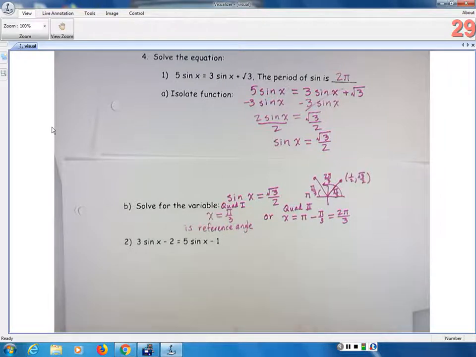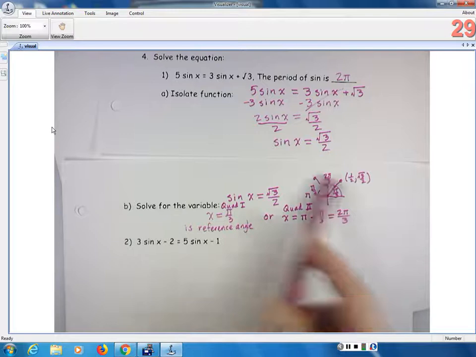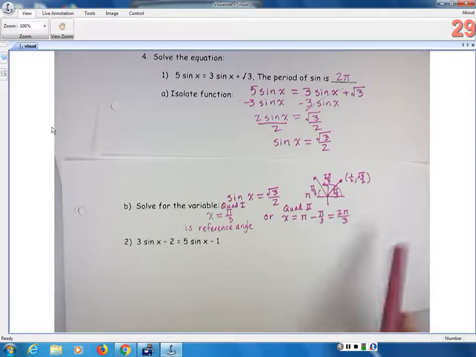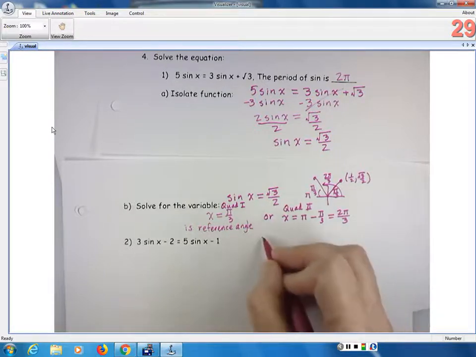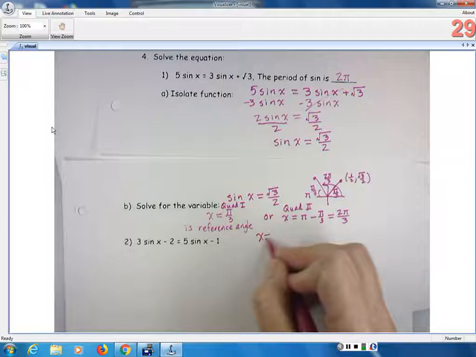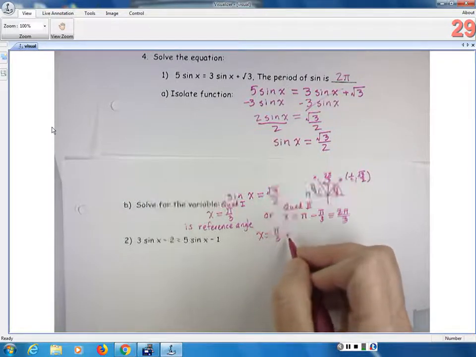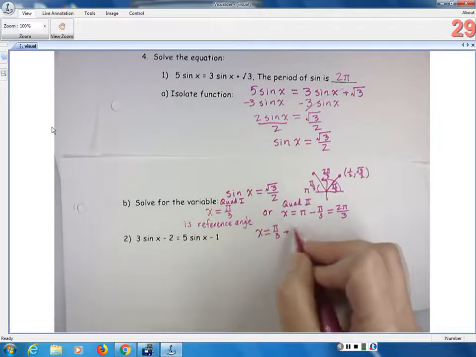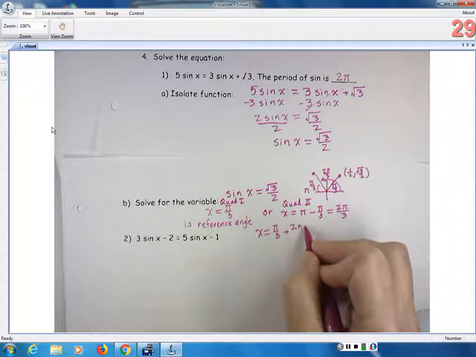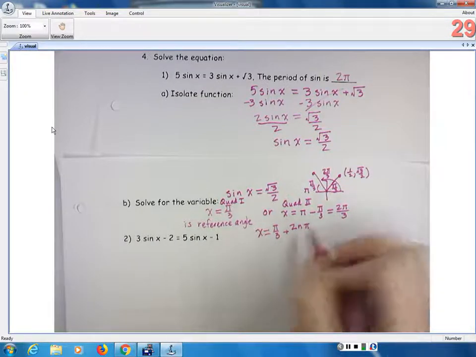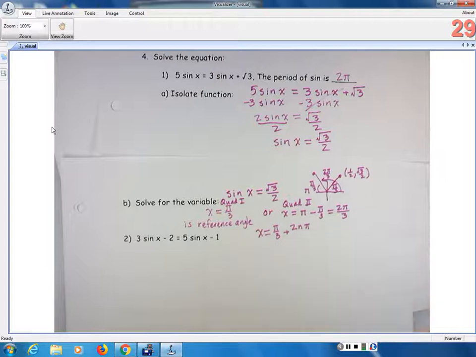How do we write that as, it's cyclic if we keep going? So our answers are actually x equals pi over 3 plus 2n pi, where n is any integer. It repeats every 2 pi.